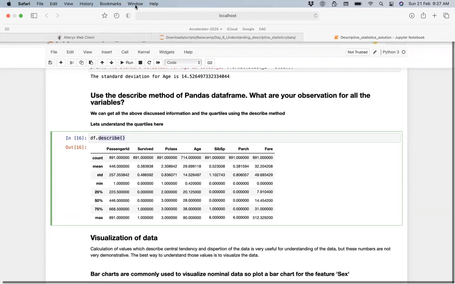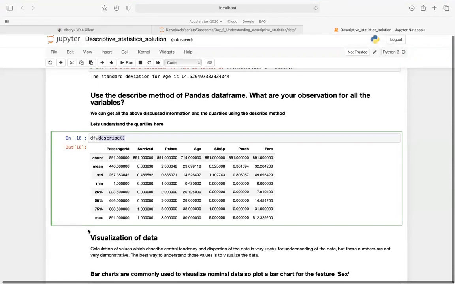So whatever we have done so far is primarily getting the statistics of the data, to understand how the data is distributed or how I can describe the data that I'm working on. There's another way of doing it, which is simply the visualization of the data. So far, we have not visualized anything.